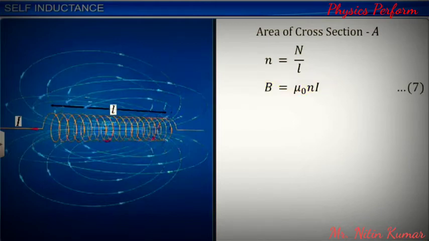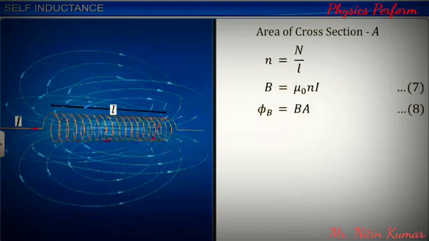Here, we neglect the edge effects of the solenoid, thus assuming the magnetic field in the solenoid to be uniform throughout. The magnetic flux is equal to the product of the magnetic field strength and the area. Thus, ΦB = BA. Let this be equation 8.